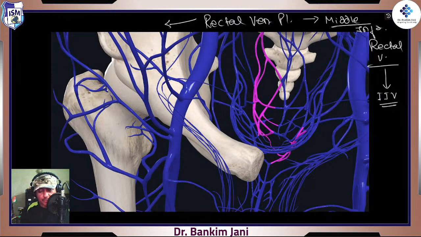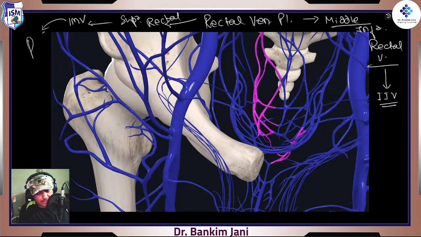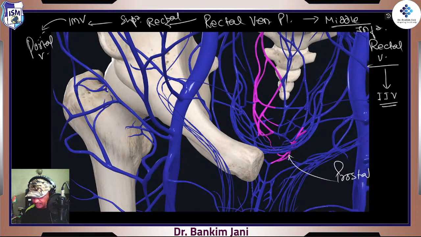While one more, right? That was the superior rectal. And that superior rectal goes to the inferior mesenteric vein, to splenic, to finally the portal vein. Right? This much is good. And here it is. This one is the prostatic venous plexus.